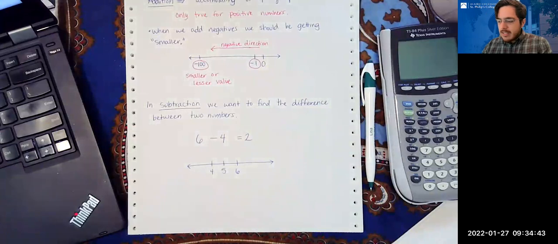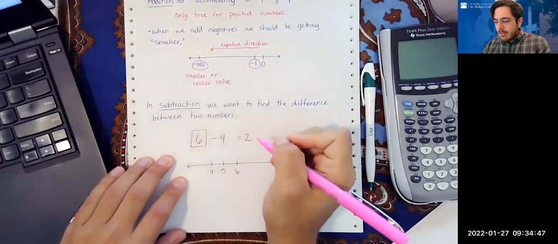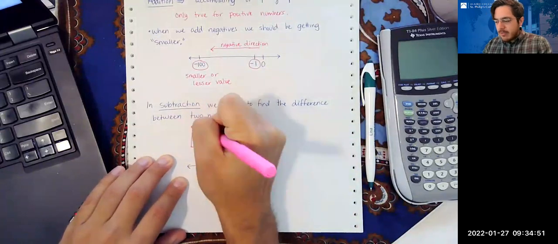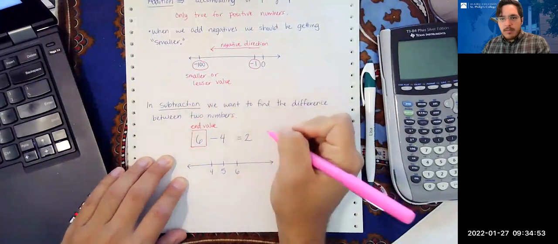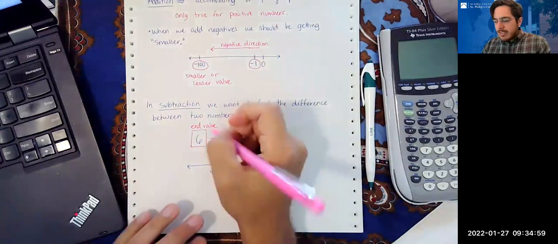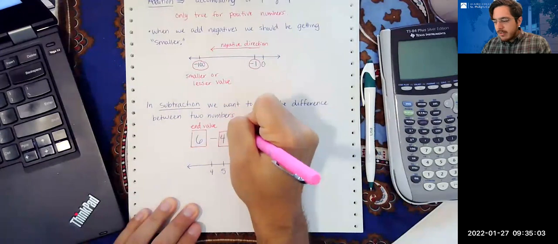Let's think about it this way: we end up here. This is our end value. So we ended up at 6 somehow, and we want to know how we got there if we started at 4. So 4 is our start value.